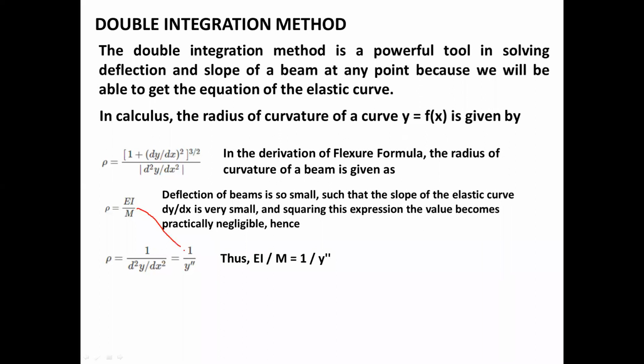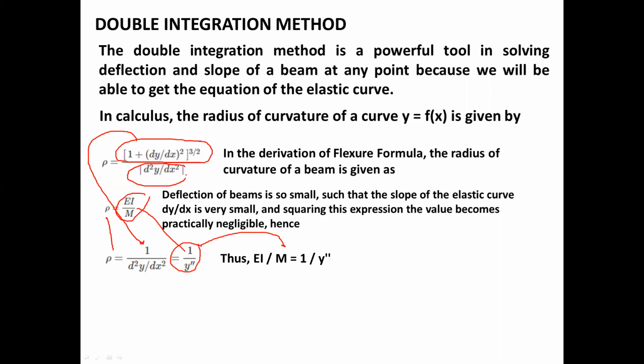Ito yung dalawa. Pareho lang namang rho yan, so i-equate natin yung dalawang yan. That's why we have this formula. And if we're going to simplify this, we will arrive with just 1.